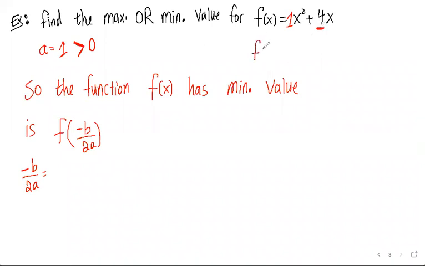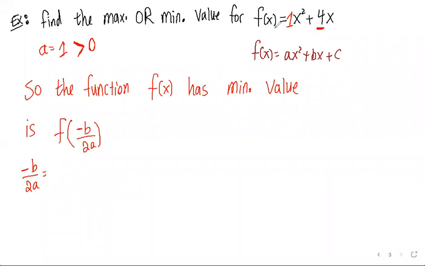So f of x is supposed to be like a x squared plus bx plus c. The coefficient for x squared is a, the coefficient of x is b, and c is the constant term. We don't have one here; the constant term is 0, actually plus 0, but we don't have to write it down.